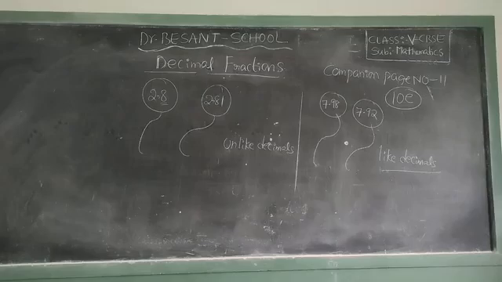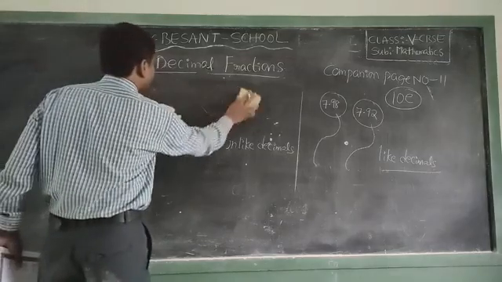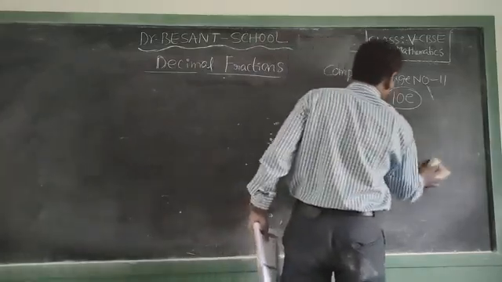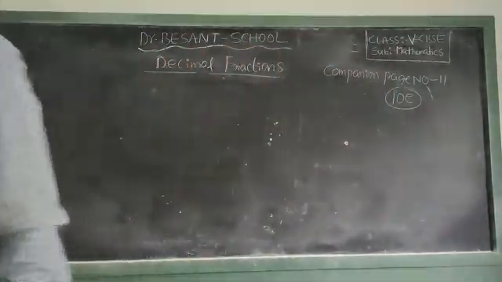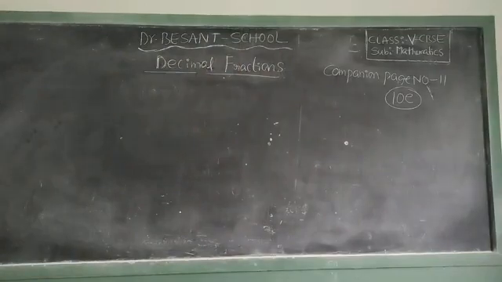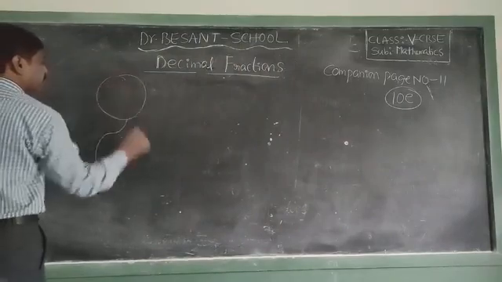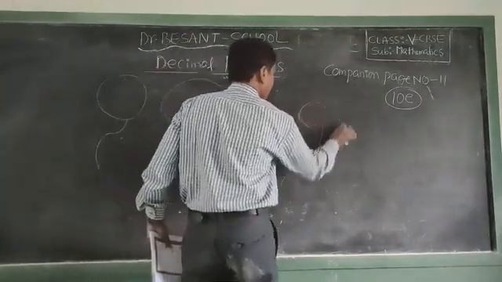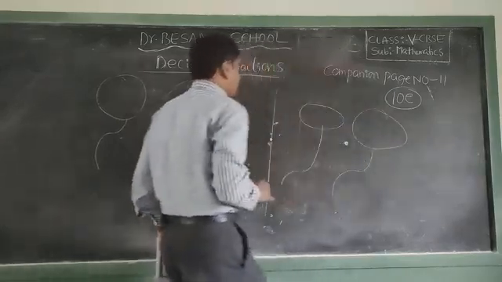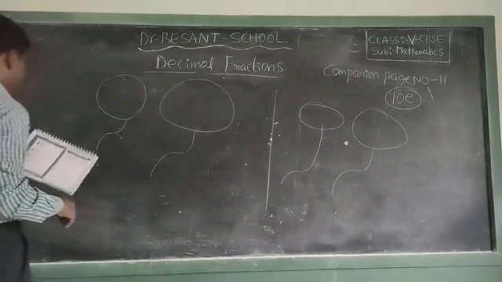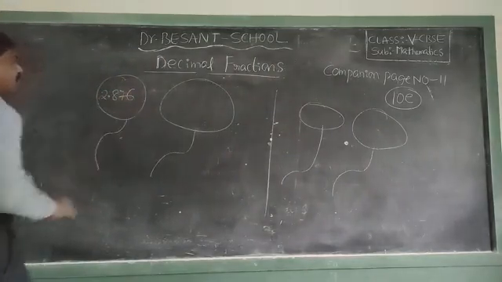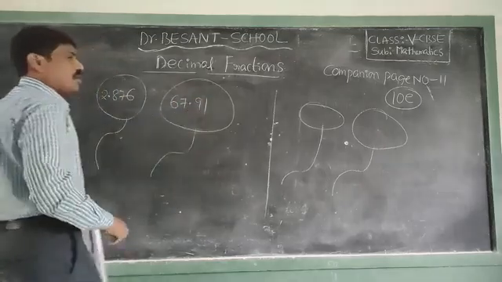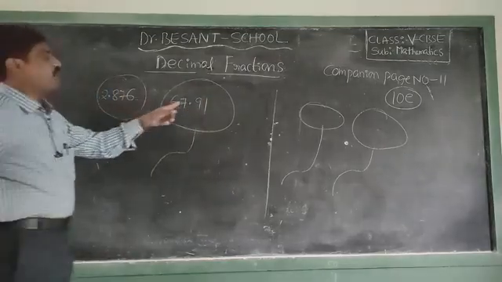See here. 2.876, 67.91. After decimal 3 digits, after decimal 2 digits.